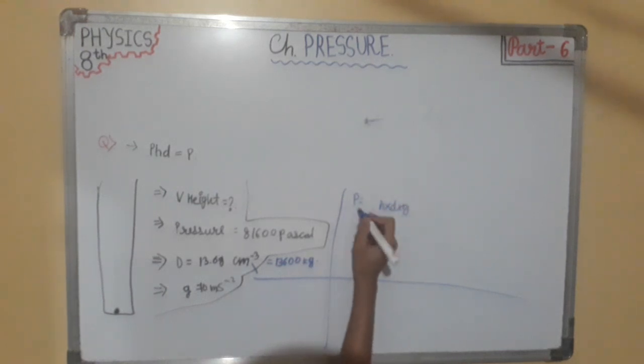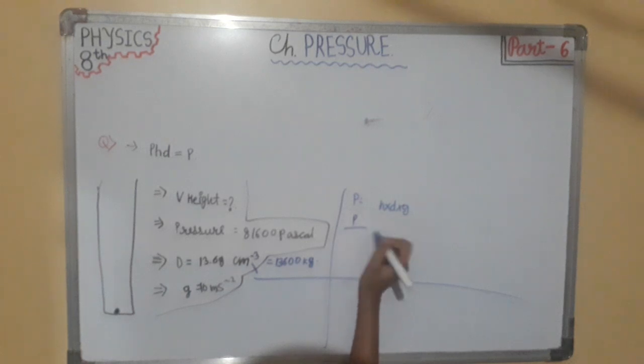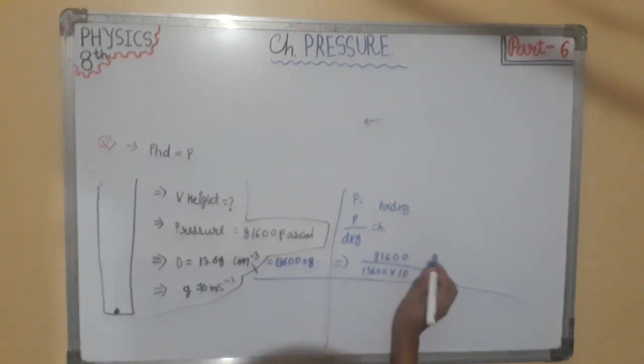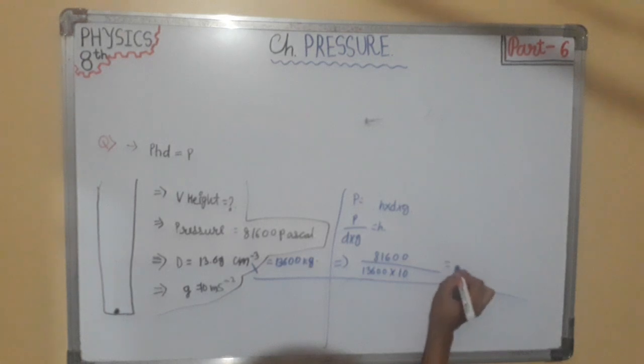We have to find h, so P upon d into g is equal to h. After that we'll put the values. P, means pressure, is 81600 upon 13600 into 10. 10 is gravity, acceleration due to gravity. This is equal to height.